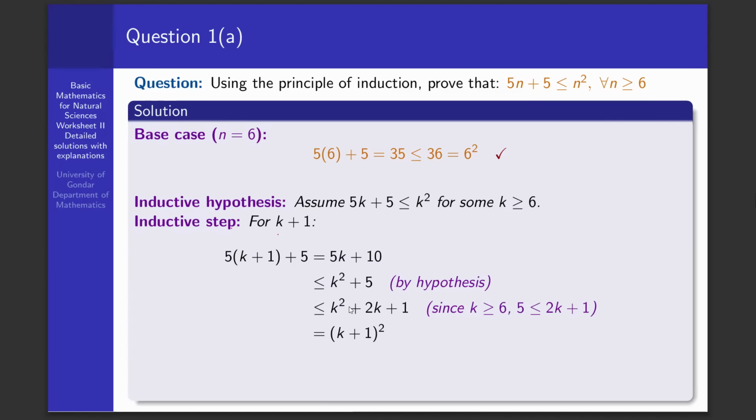Then this one, k square plus twice of k plus 1, is a perfect trinomial, which is the square of k plus 1. Therefore, if you observe the statement with k plus 1, 5 times k plus 1 plus 5 is less than or equal to k square plus twice of k plus 1, which is k plus 1 the whole square.